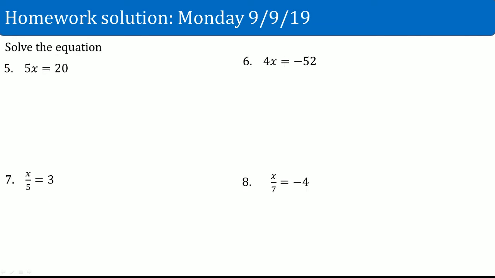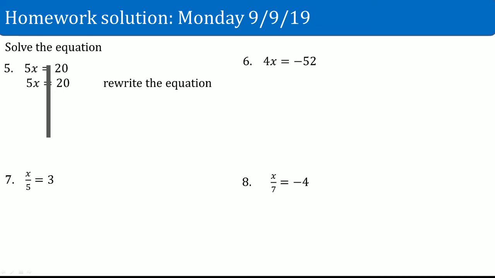We have 5, 6, 7, and 8. Same thing, solve for the equation. What I have here is 5x is equal to 20. First step is always to rewrite the equation. Draw a line straight down. On my left-hand side, when the numbers are together like this, it is multiplication. So right now it has multiply by 5.